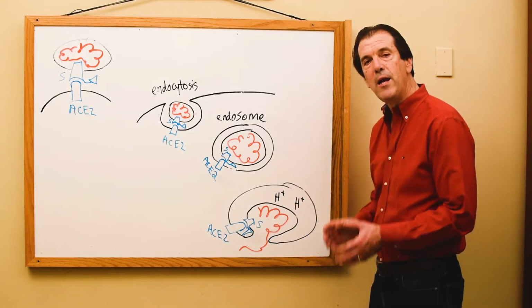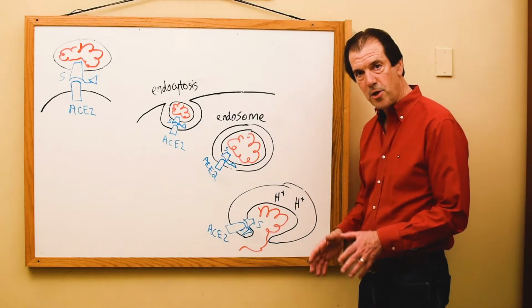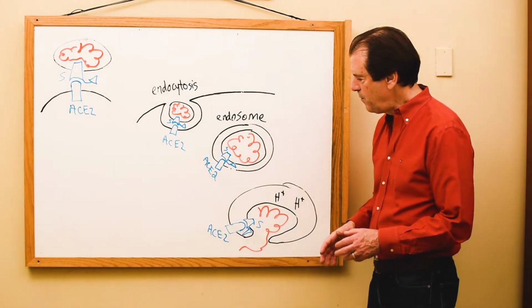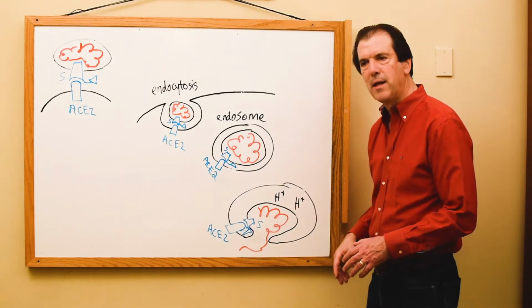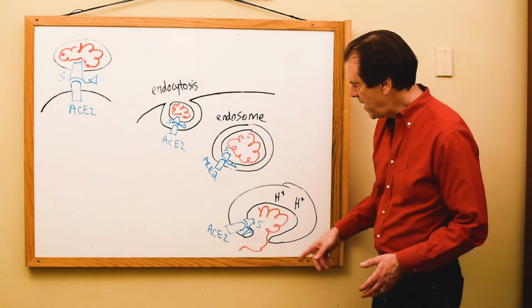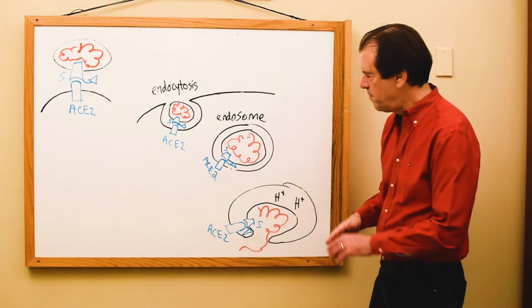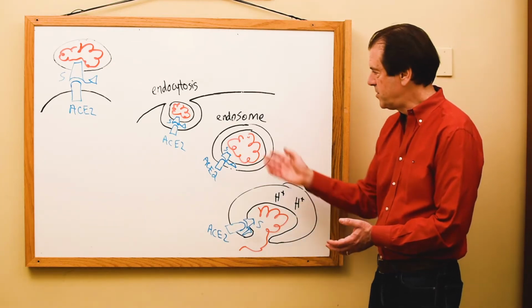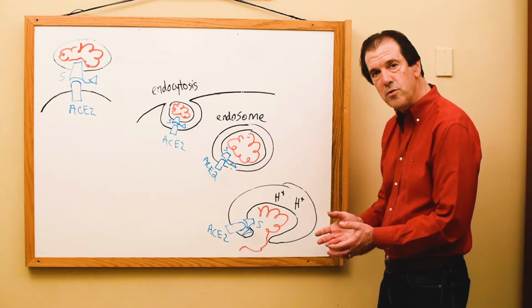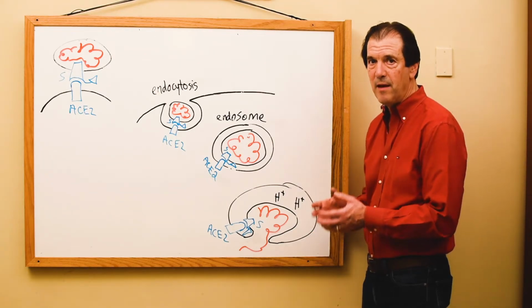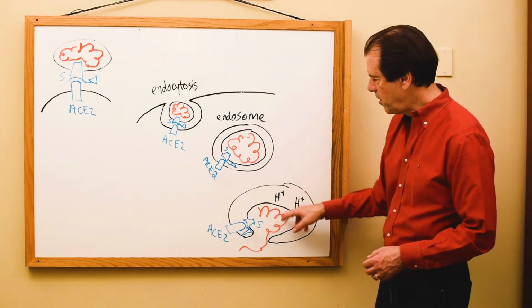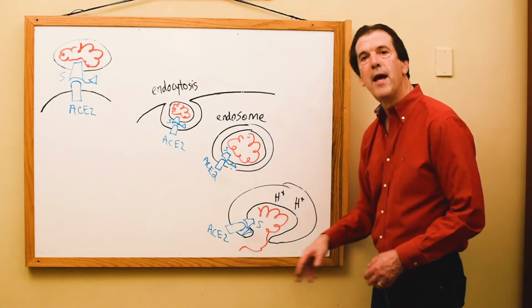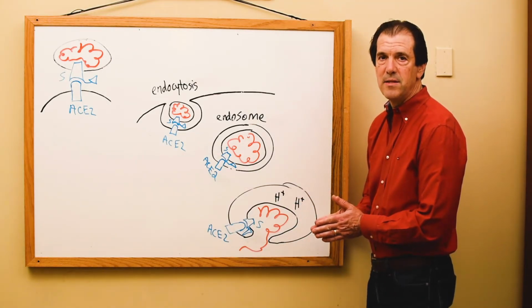You get the rearrangement of the S protein, as I showed on the prior video, and when it rearranges, the spike can destabilize the membrane, and that causes the membrane of the vesicle, of the soap bubble, to begin to fuse with the membrane of the virus, with the envelope of the virus, as shown here. So now the RNA of the virus can enter inside the cell.